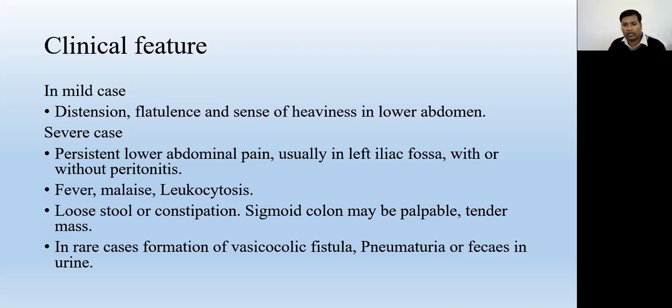Pneumaturia is the condition when the patient passes some gases, some air through the urethra, or sometimes fecal matter from the bowel may come into the bladder. So the urine is very foul smelling, and fecal matter comes with the urine also. These are very rare conditions which can occur due to the formation of an internal fistula from the sigmoid colon to the bladder.